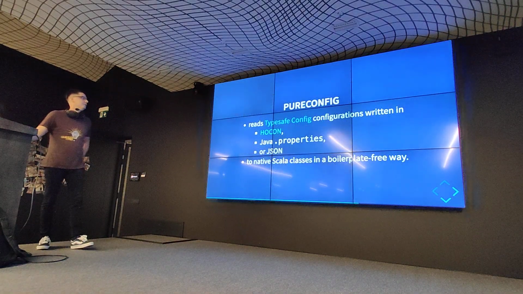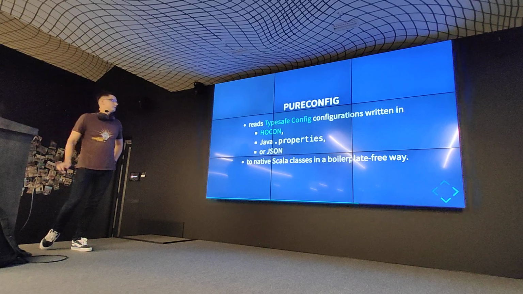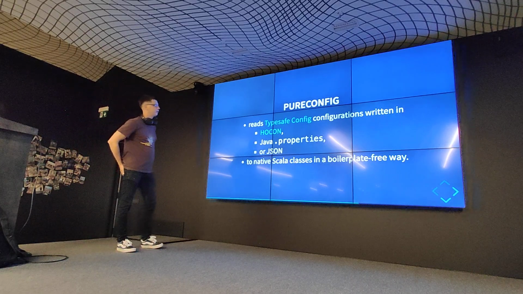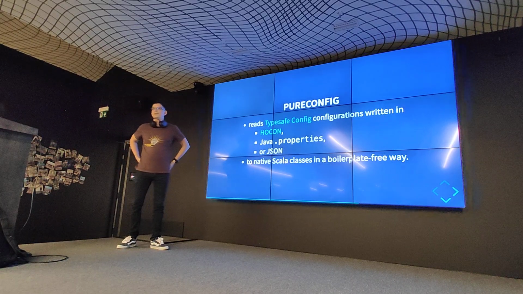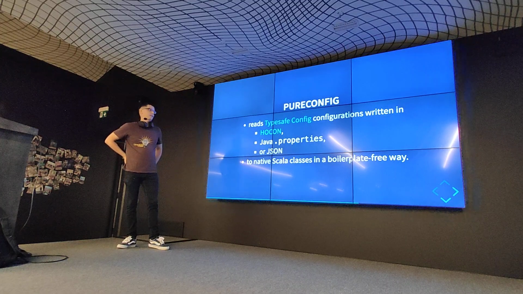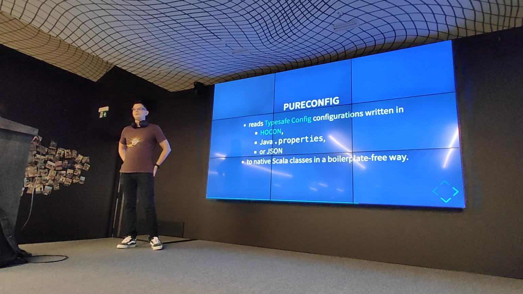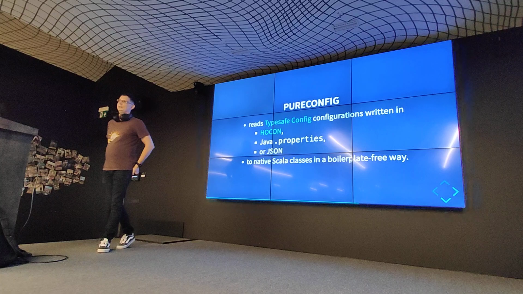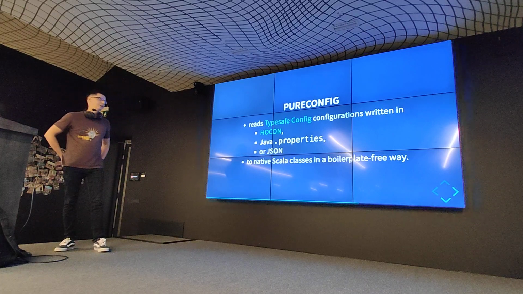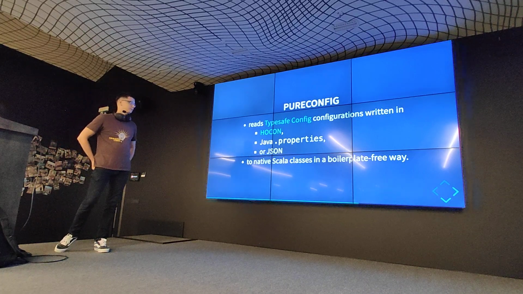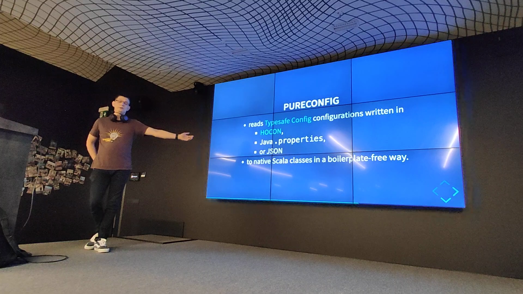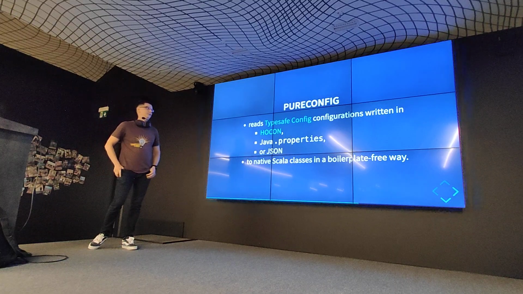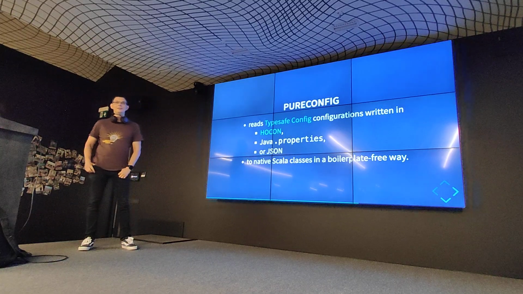There's also PureConfig. There's this configuration format called HOCON, which is like a super powerful JSON with includes and comments and expressions and stuff like that, which is a great format for configuration. I recommend using it even in Java.